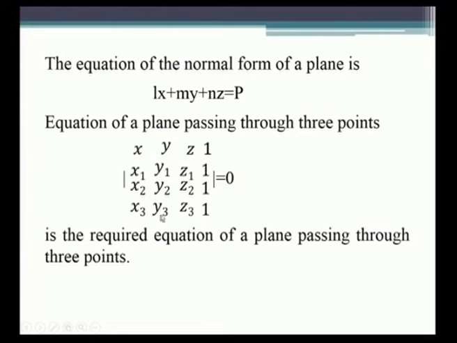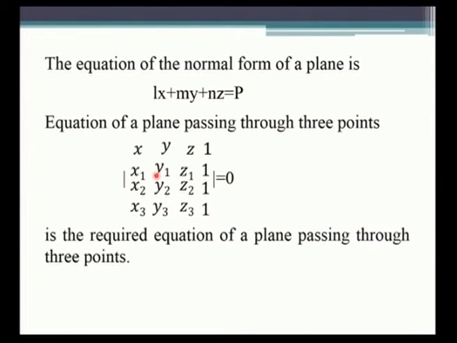Fourth row is x3, y3, z3, 1. So the determinant has 4 rows and 4 columns. Then the value of the determinant should be equal to 0. If you expand this determinant, you will get an equation. This equation is the required equation of a plane passing through 3 points.